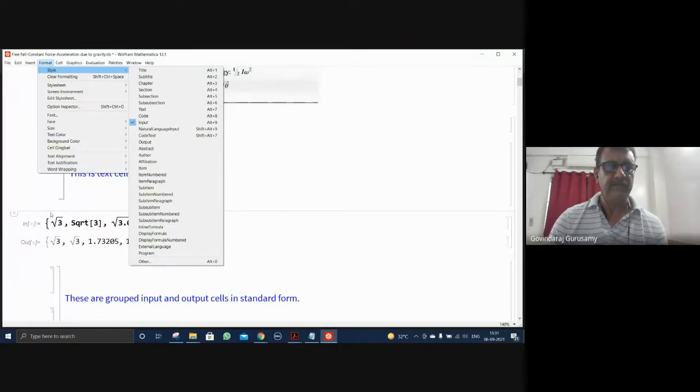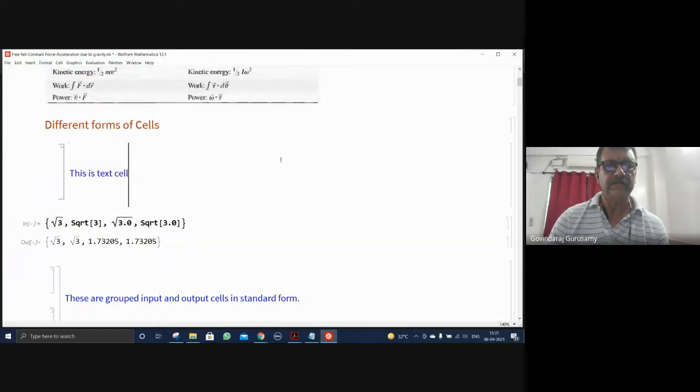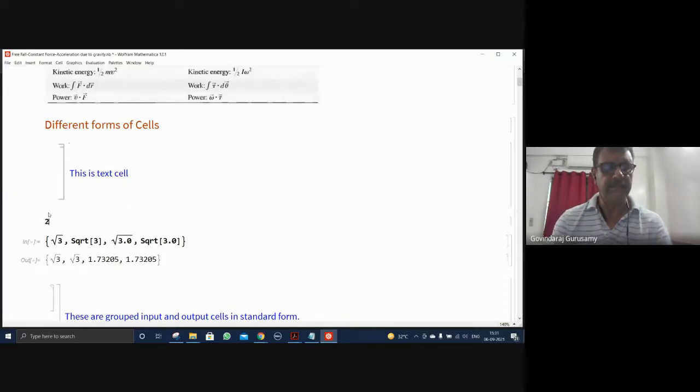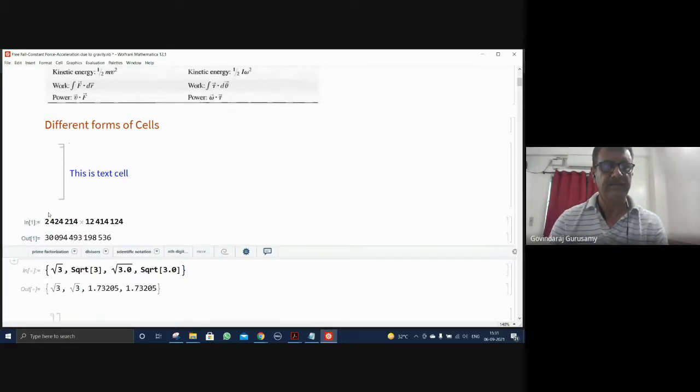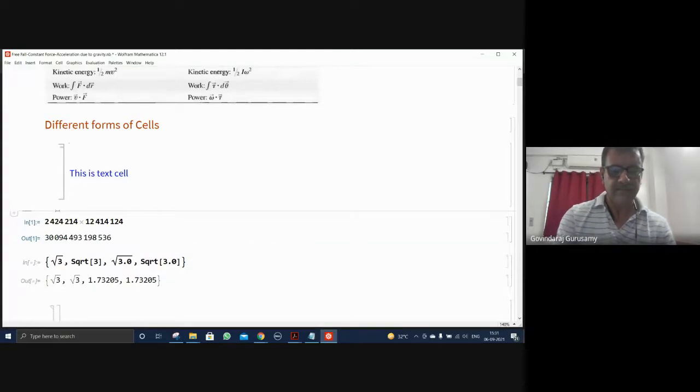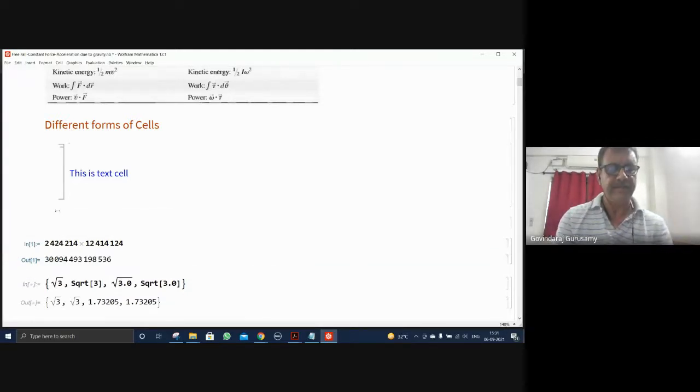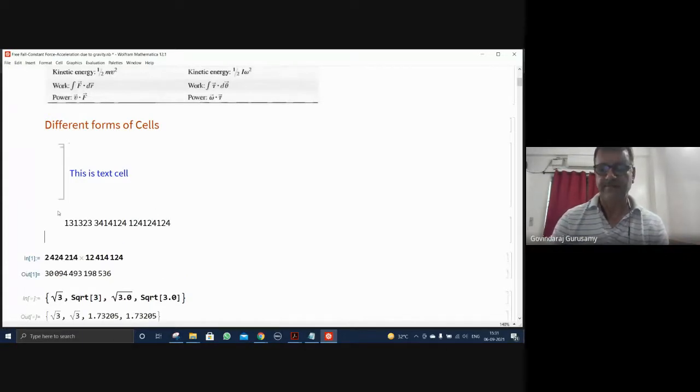Now, if I look at the cursor position here, horizontal means I am ready to enter the Mathematica statements like this. I have a number multiplication. This is the output. This is an input. Now Alt F7, if I enter, this is a text, and nothing happens to it if you give a shift enter.